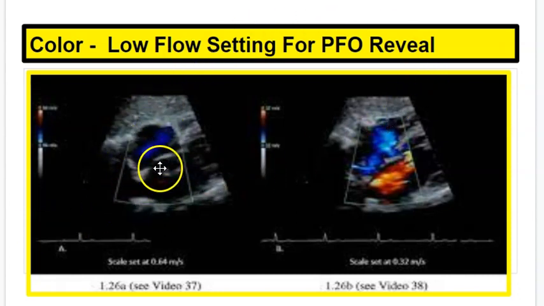We're looking at the intraatrial septum here, and we can see that in the normal setting or the high flow setting, we don't see anything here. It's almost no blood at all in the atria, which moves very slowly. Put it on the low setting, however, and we reveal blood is actually in that area, right? So this blood in this area is just moving much slower, and on an improper setting, we can't see it. We correct our setting, and we can see the blood, and we can see the direction flow of that blood.